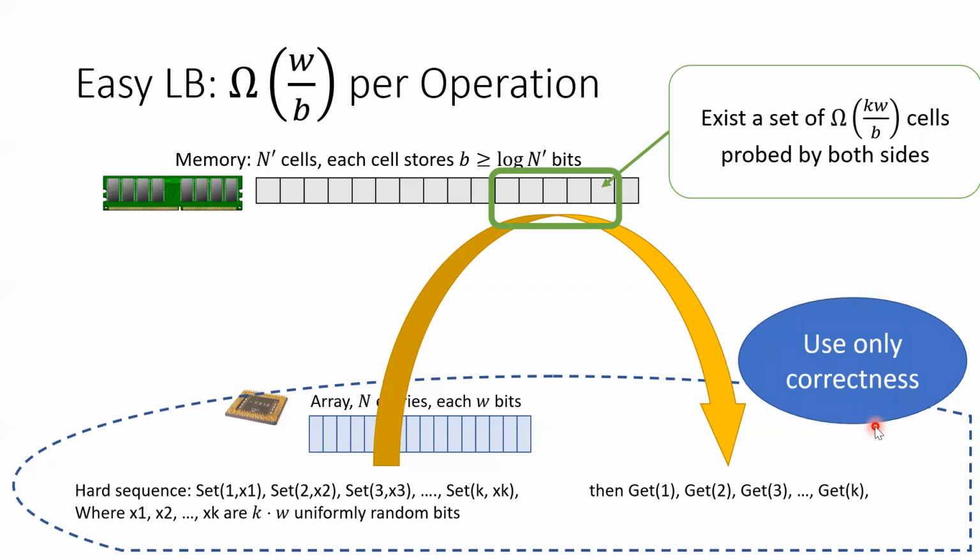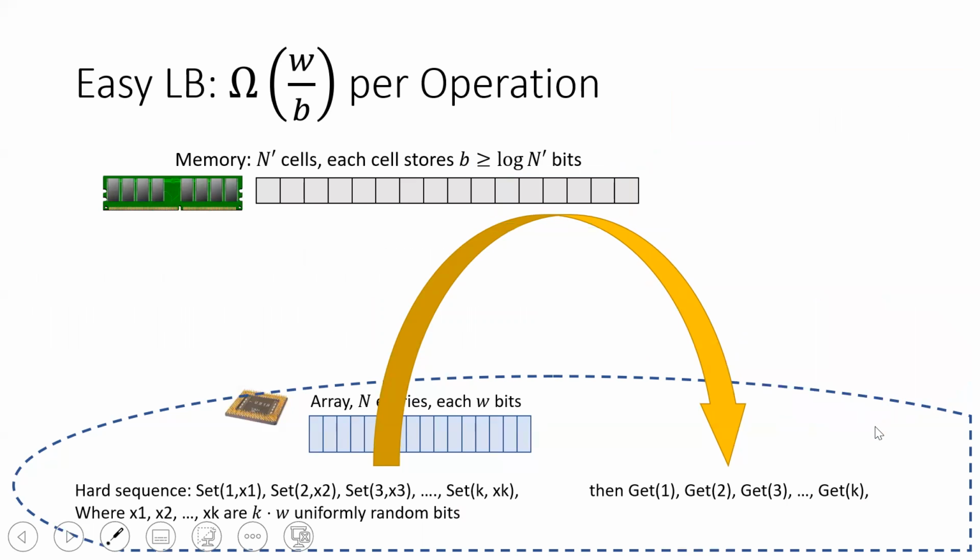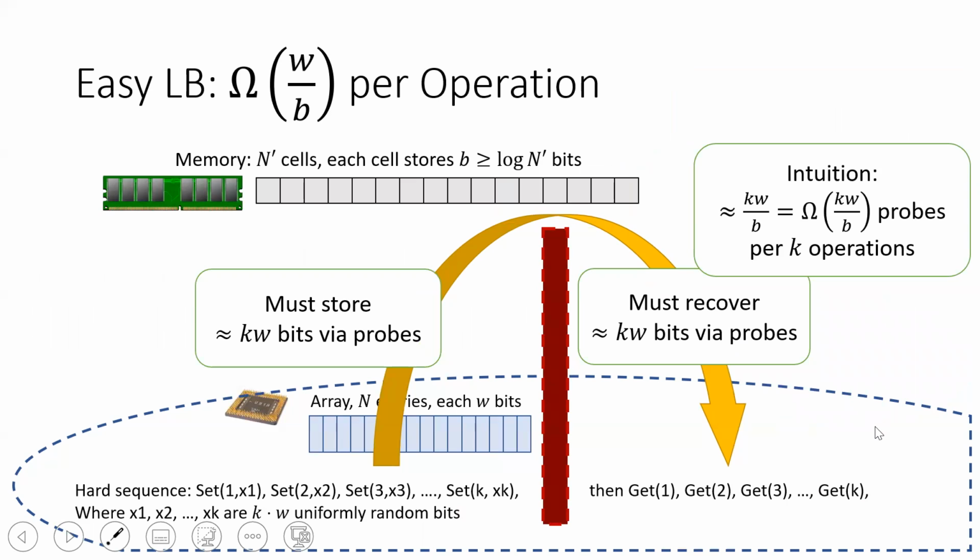Sorry. Yeah, sure. Good question. So previously, the intuition says the algorithm has to transfer some number of bits to the memory and then the same number of bits back from the memory. Maybe I can use some pen.